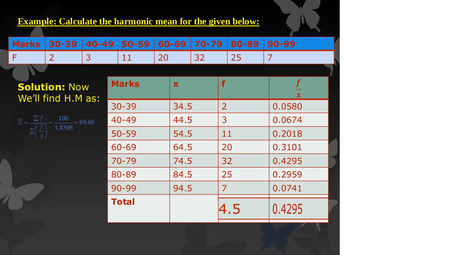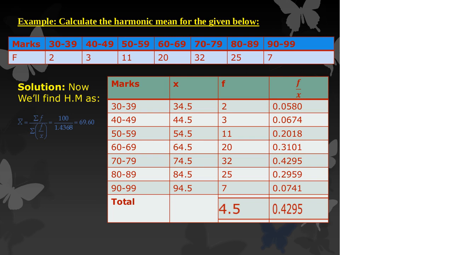Then we have 25 as the frequency and 84.5. What is the answer? 2112.5. And then the last one we have 7 and 94.5.